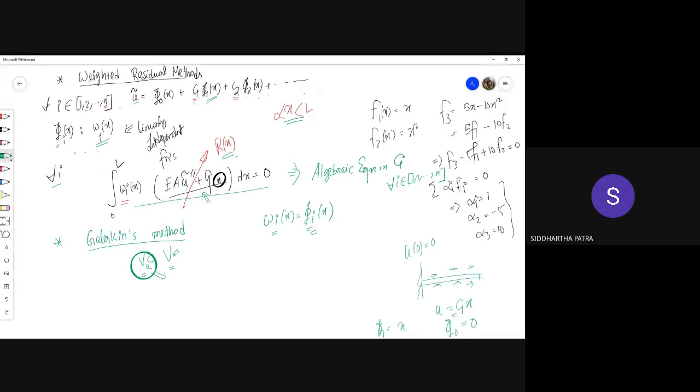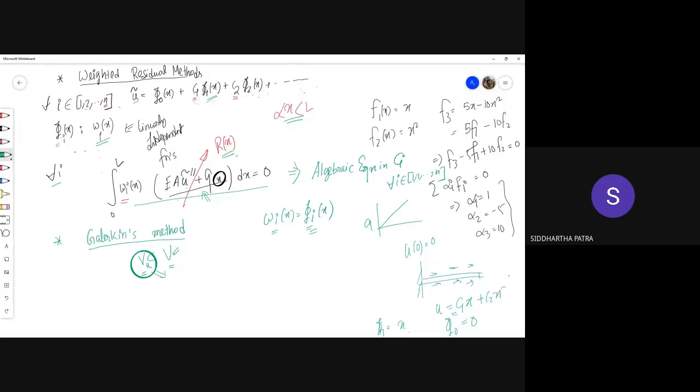But then again, think about it. If Q is linearly changing, Q is a linear function of x, then the exact solution is cubic. But if you choose it to be C1x plus C2x squared, which means phi 1 is x and phi 2 is x squared, and then you do this, from this you'll get the solution for C1 and C2.